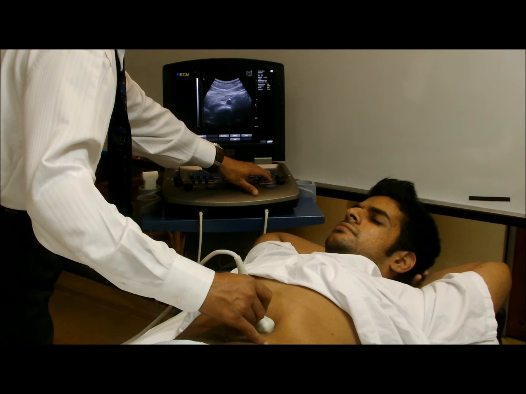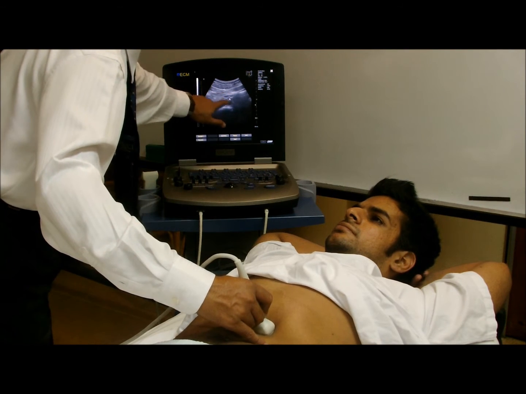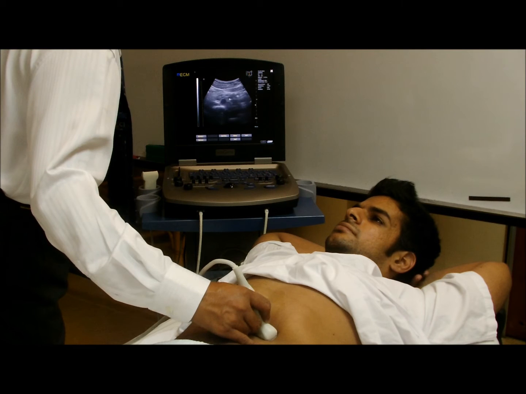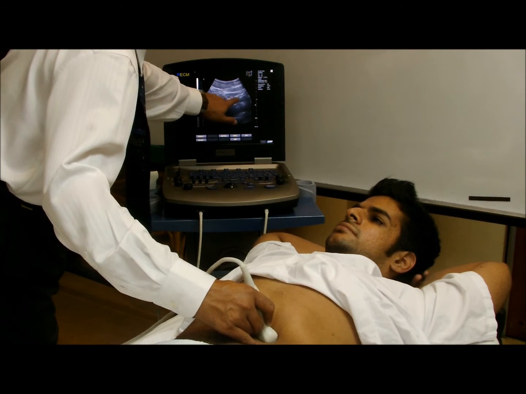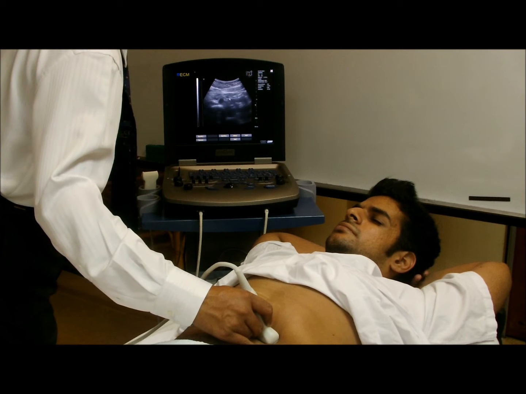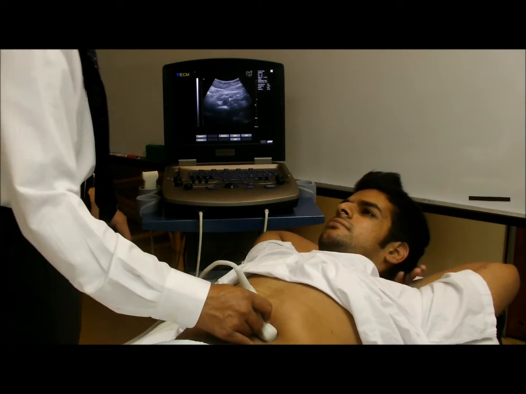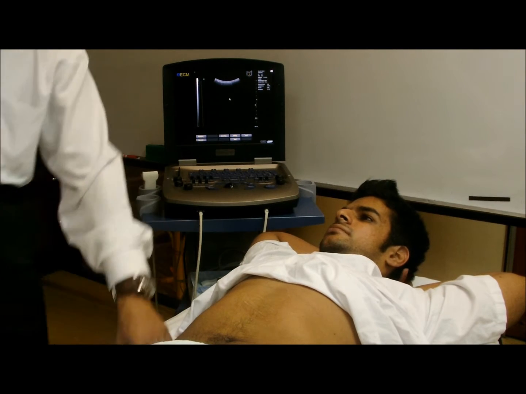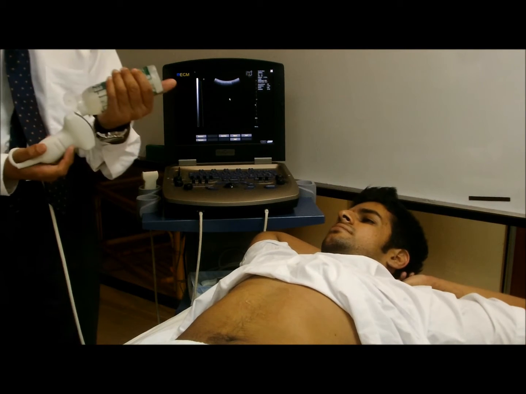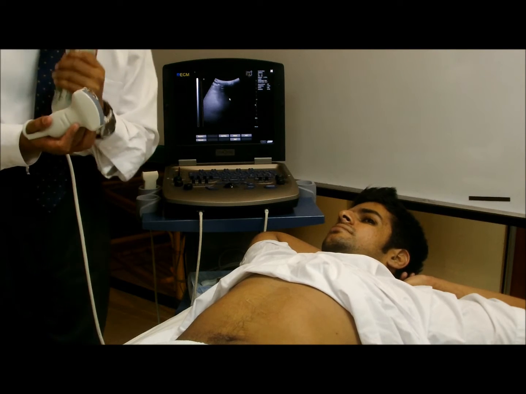You can move leftwards and you will find the body and the tail of the pancreas. In acute pancreatitis, you can see it's more hypoechoic. You can see pseudocysts in chronic pancreatitis as well.